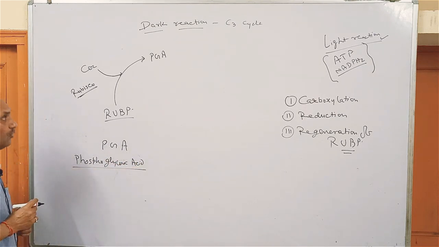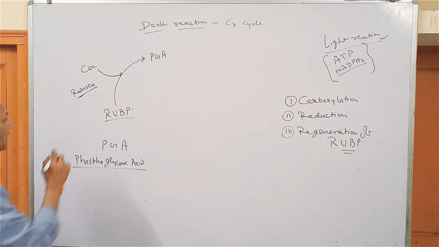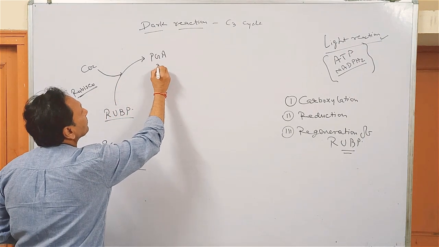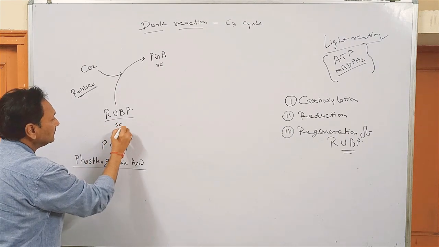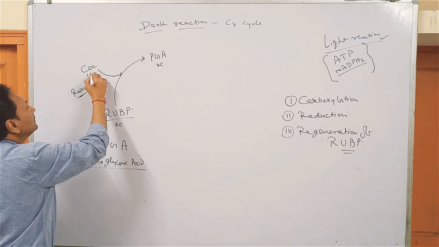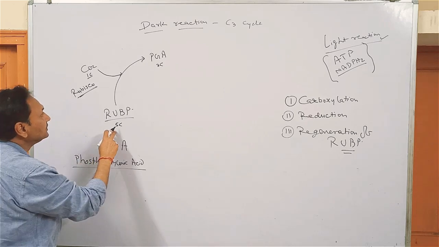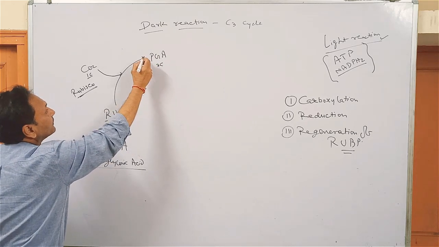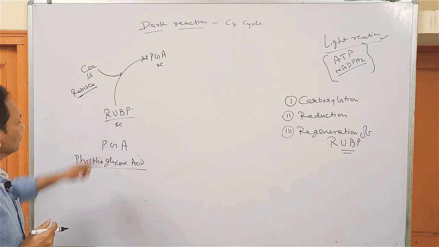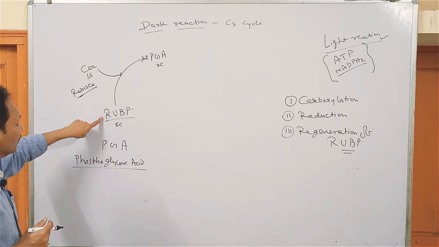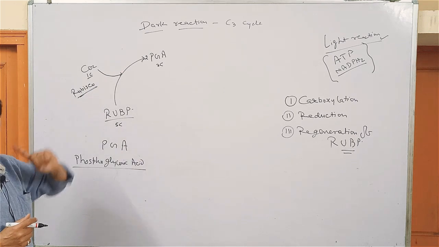This is phosphoglyceric acid, and it has 3 carbons. 5 carbons from here, 1 carbon from here, and this compound with 3 carbons means 2 molecules of PGA are formed. From 1 molecule of RUBP, 2 molecules of PGA are formed.